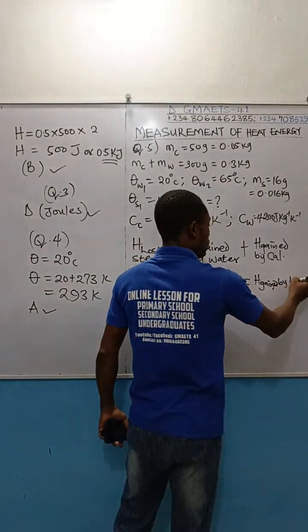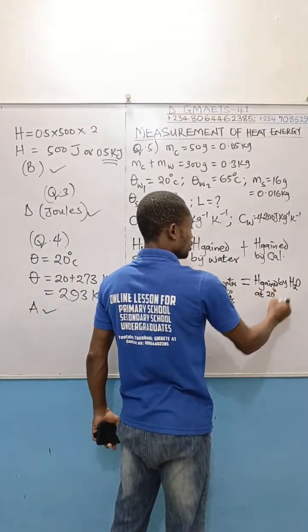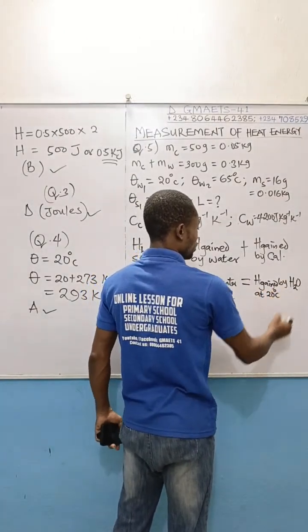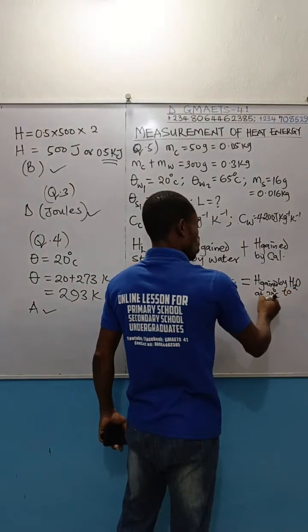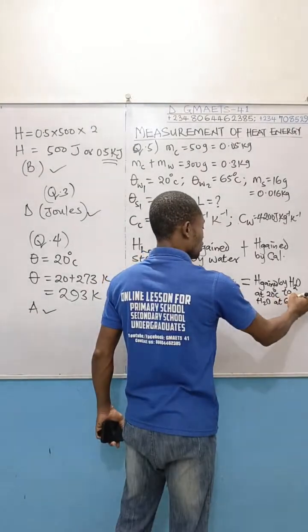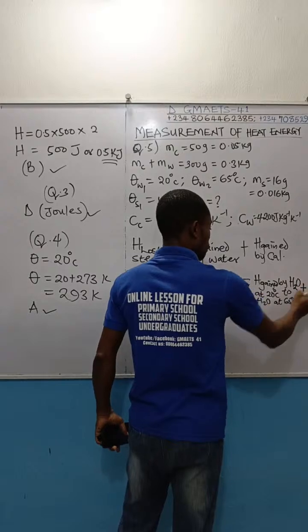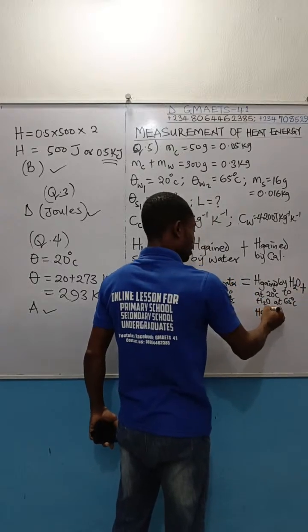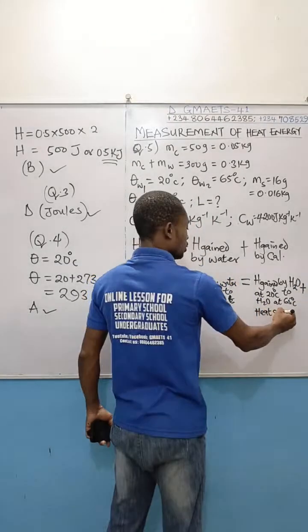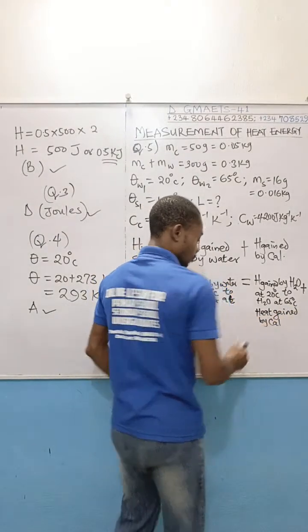Let me abbreviate water with the chemical formula. At 20 degrees to water at 65 degrees. Then plus heat gained by calorimeter, cal.